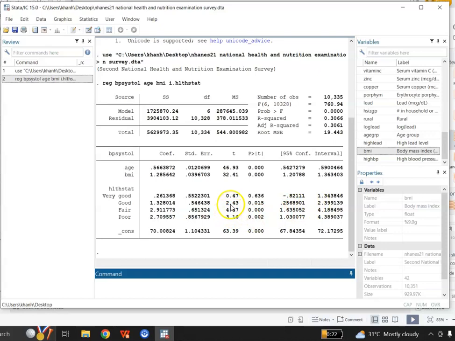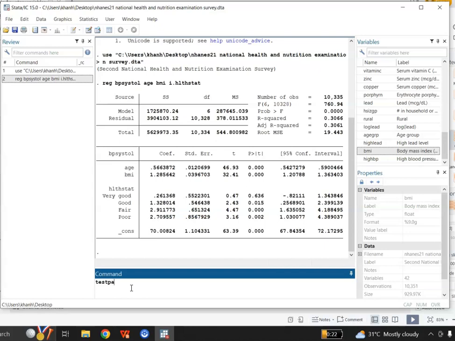Now, one p value for the health status is not significant, but the remaining three are significant. Now let me jointly check this hypothesis.